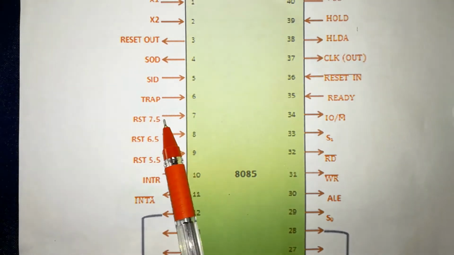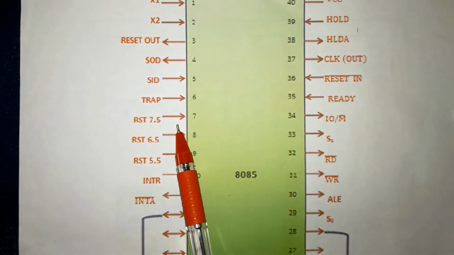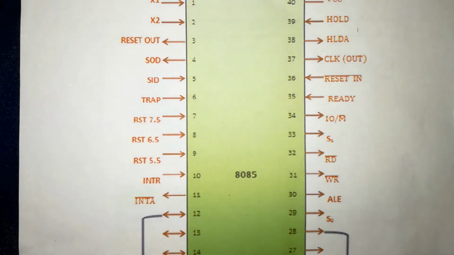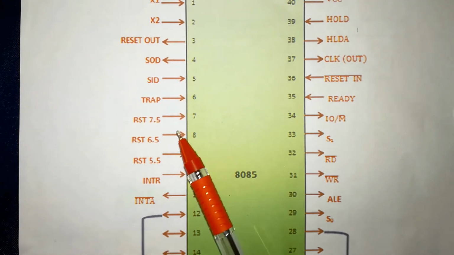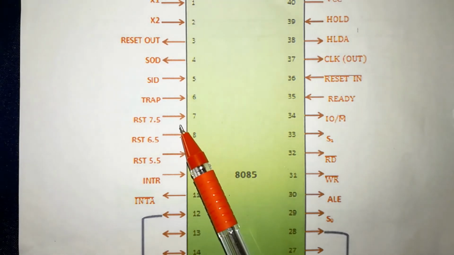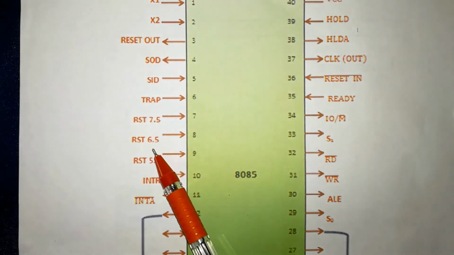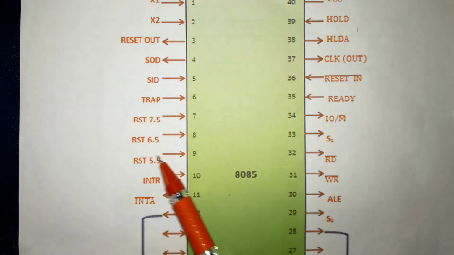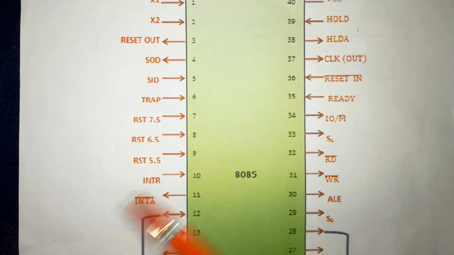That means 7.5 multiplied by 8, that is equal to 003CH in the hexadecimal form. That means it is specified to that fixed particular memory location. And the same thing in RST 6.5 and RST 5.5. All are hardware vector interrupts.